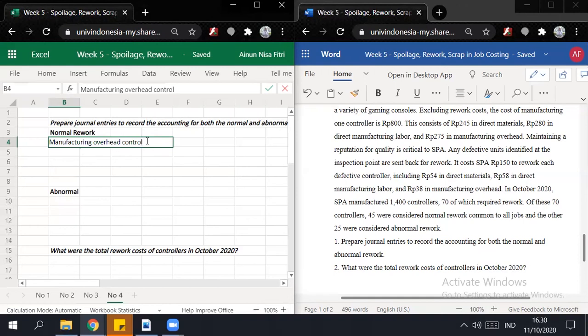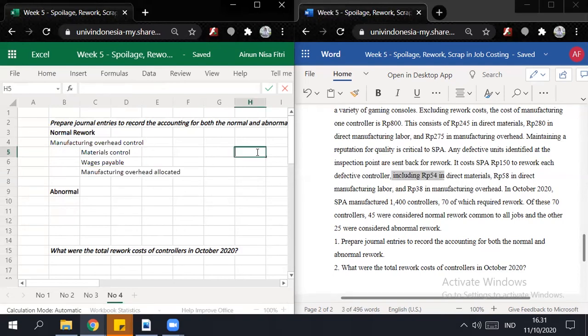And then on the credit side, we will recognize first materials control. And then the second one is wages payable. And then last but not least is manufacturing overhead allocated. Okay, so let's do it from materials control.